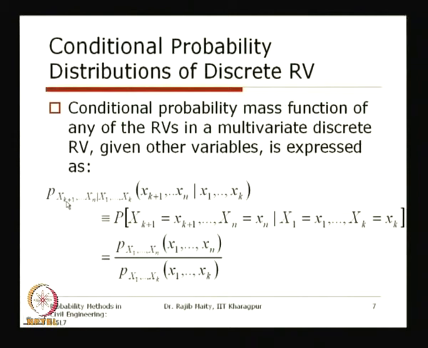This k is a general notation. You can even pick x1, then x4, then x9. The conditioning is on the remaining random variables, and accordingly you have to determine which marginal distribution you need before you can get this conditional distribution.